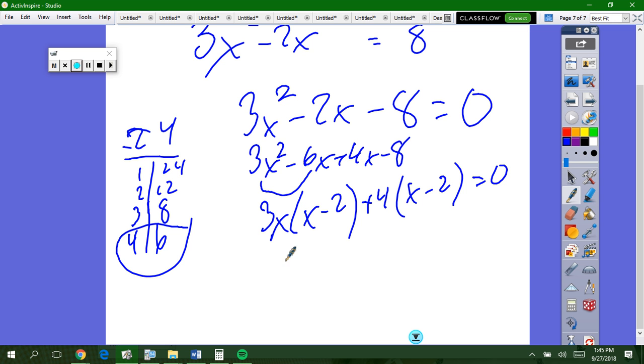Okay, so I pull out the x minus 2 and I'm left with 3x plus 4 equals 0.